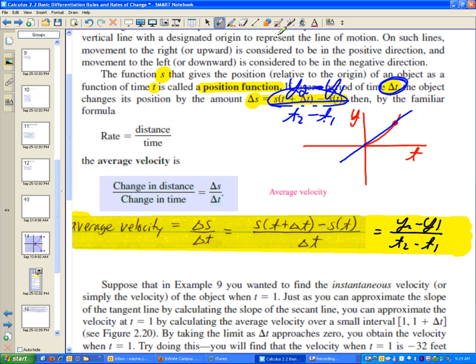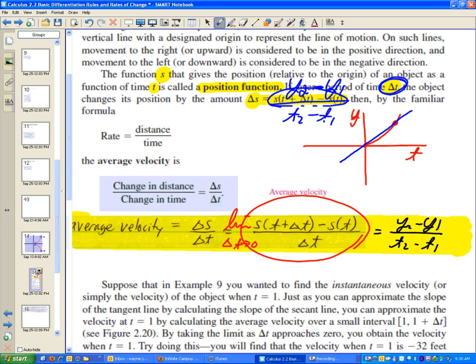Well, think about it. Doesn't this look familiar? Because like you just said, all we did was change the letters. If I took the limit of that as delta t approached 0, wouldn't that be the derivative? So to go from the average velocity to the instantaneous velocity, all I have to do is find the limit of that as delta t approaches 0.